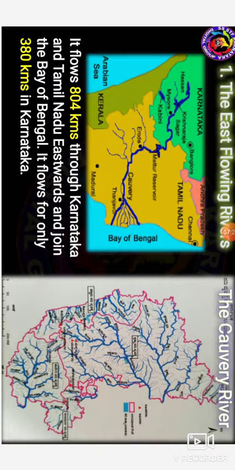It flows 804 kilometers through Karnataka and Tamil Nadu eastward and joins the Bay of Bengal. It flows for only 380 kilometers in Karnataka.